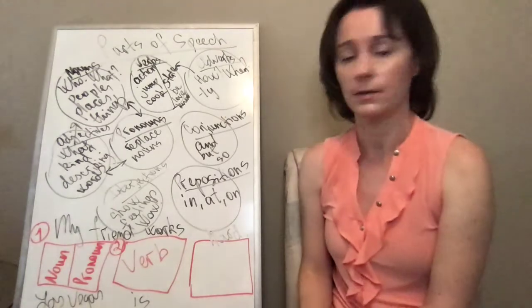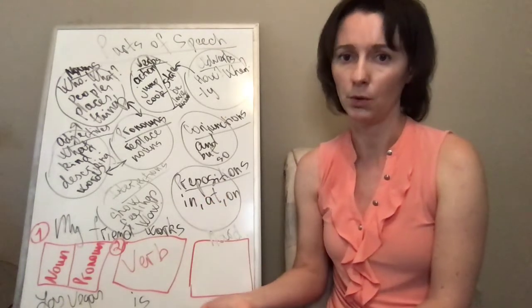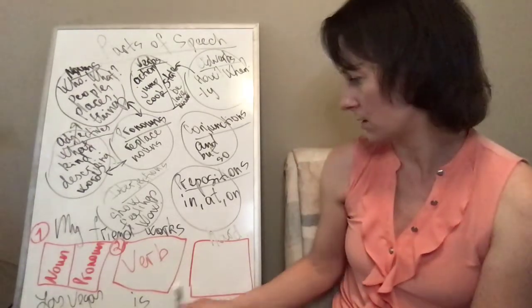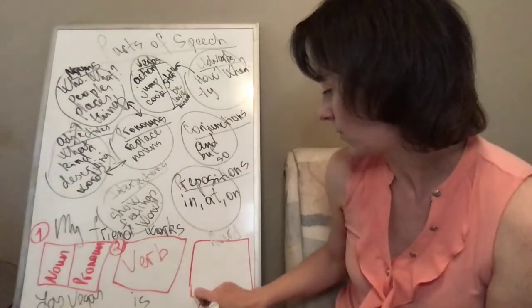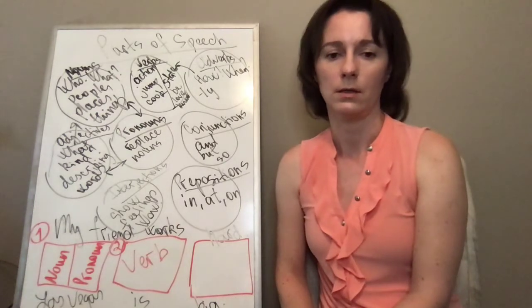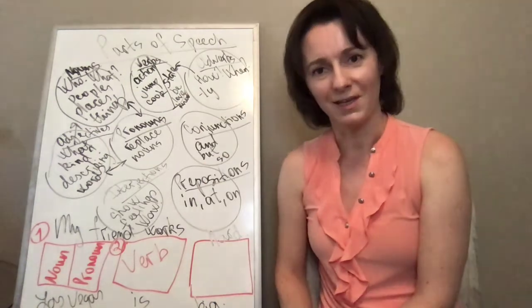Or I can add a prepositional phrase and say at a store. If I look at this sentence, Las Vegas is, maybe I'll put an adjective and say big or famous. Or I can say Las Vegas is an interesting city.